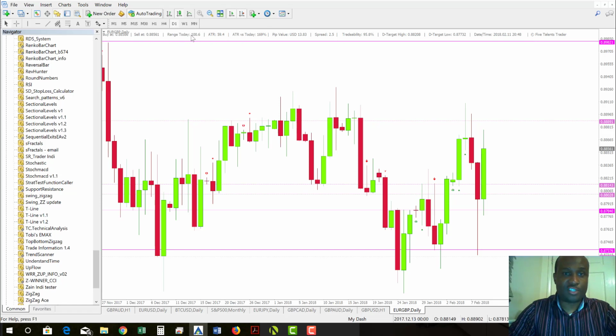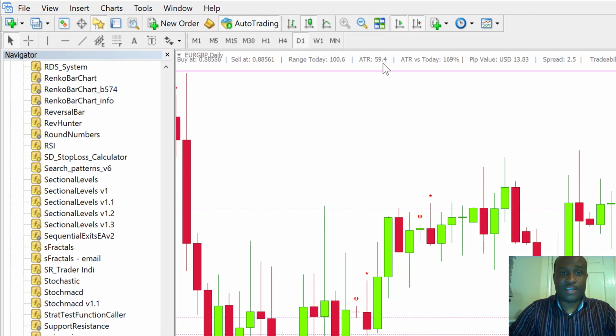So it gives me the range today, which is the range of the current bar, and the ATR of this pair, 21-day ATR, the current ATR versus the current day's range, the pip value, the spread, so 2.5. So this just prints out clearly on this.